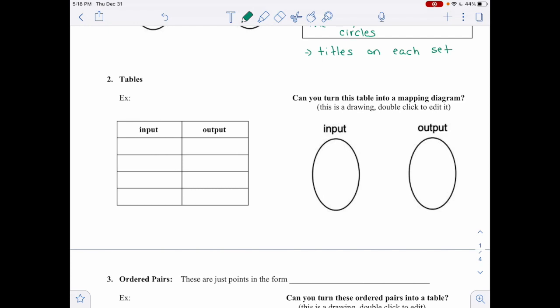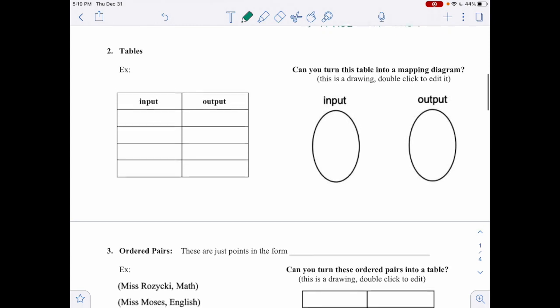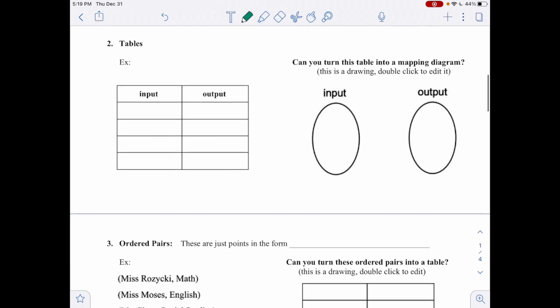maybe this time I'll use, I don't know, let's use like a color and a number. I don't know. I'm making things up here, right? So if my input is red, my output is going to be 7.